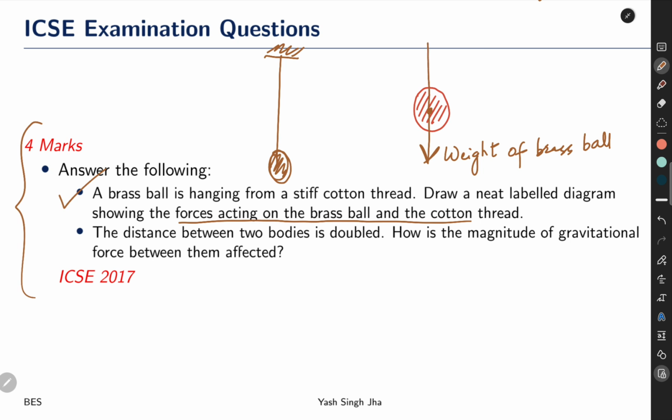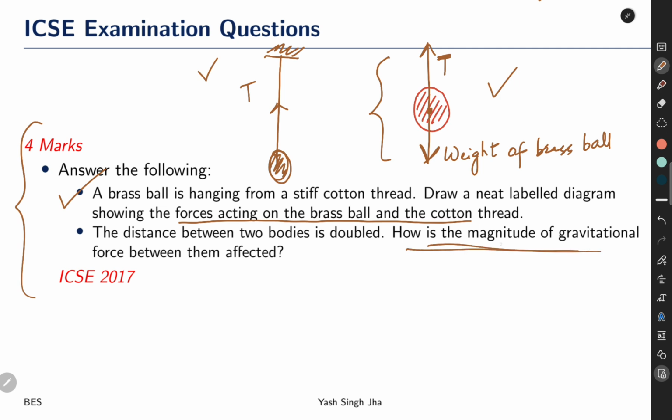Second is the tension due to the cotton thread, and they are balancing each other, which is why it's at static equilibrium. What are the forces in the cotton thread? In the thread, there is one force called the tension. Yeah, tension. Very nice.